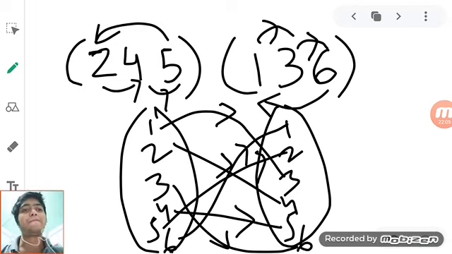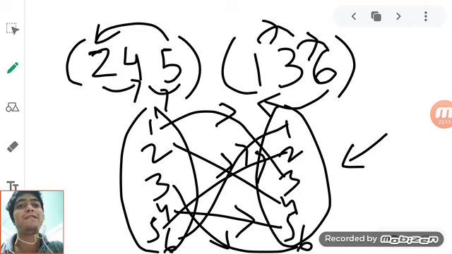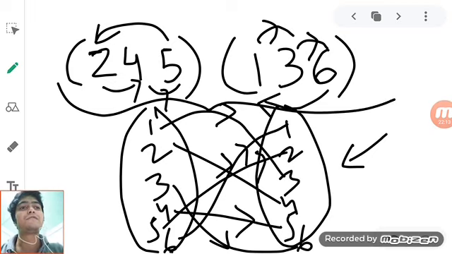But this one is a diagrammatic representation, and this one is better, more concise, so we will be using this notation. Whenever you are using this notation, it is called a cycle notation of the elements of Sn.